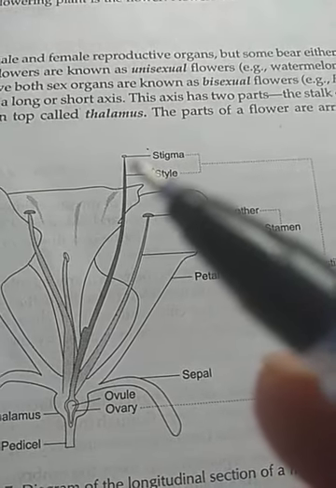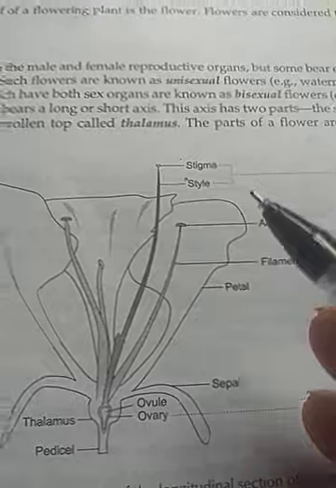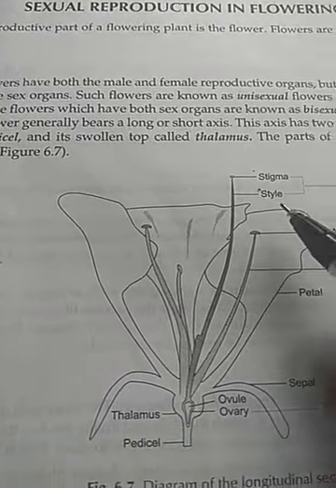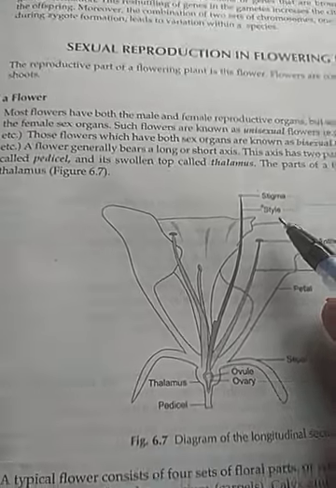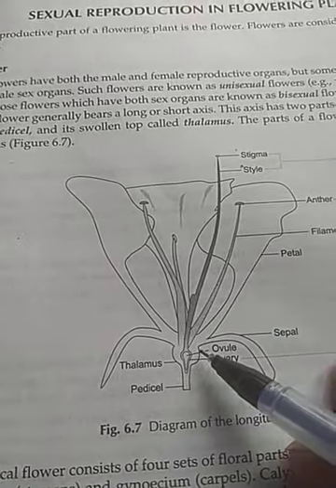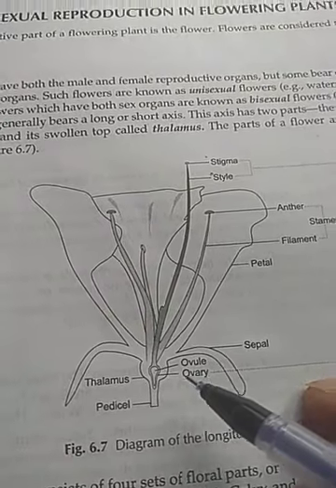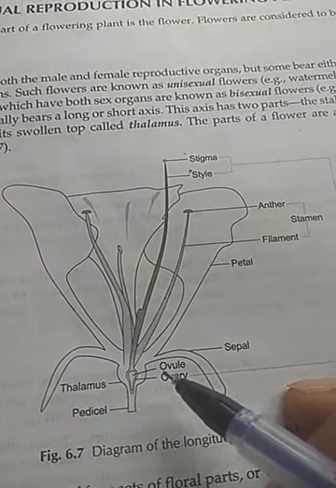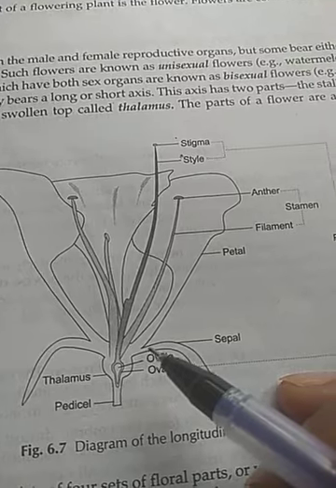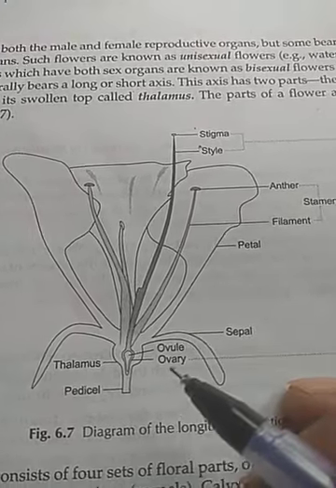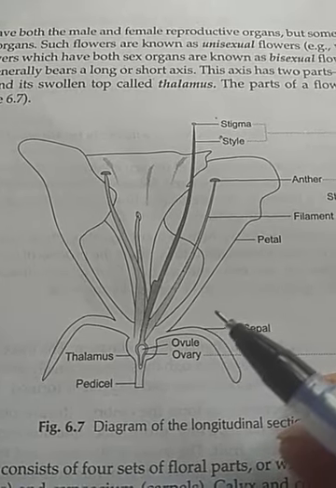The upper part, a disc-like structure, is called the stigma, the long filamentous part is called the style, and the basal swollen part is called the ovary. So stigma, style and ovary combined form the female part of the flower. Now from this figure we know about each and every part of the flower.